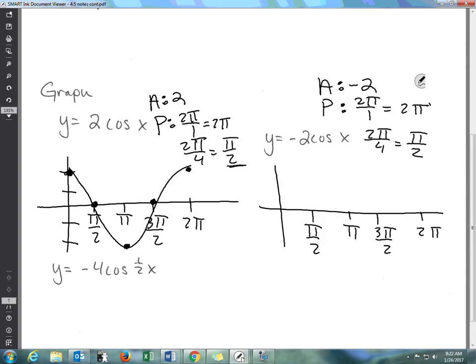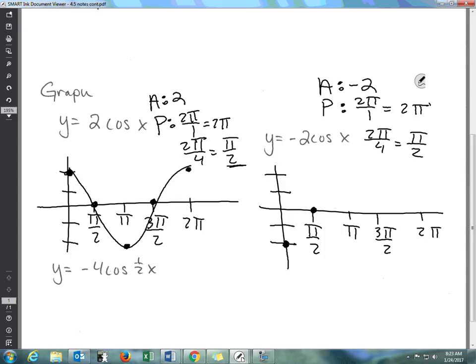Okay, so because your amplitude's negative, just like sine where you go down, cosine does the same thing. So instead of starting up here, I'm going to start down here at the negative, along the negative y-axis. Okay, at pi over 2, it comes to 0.